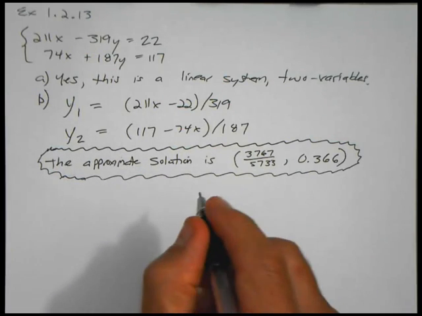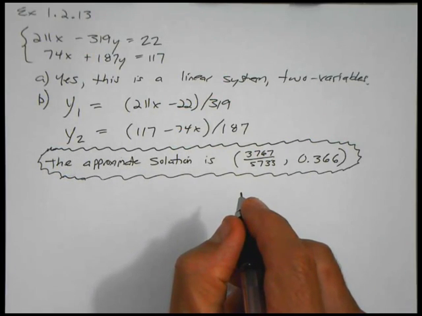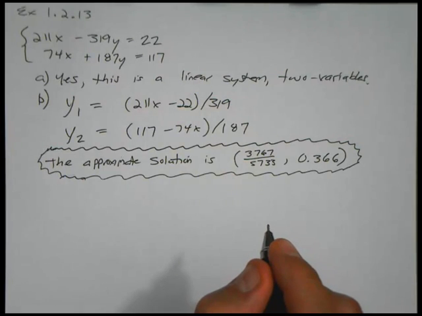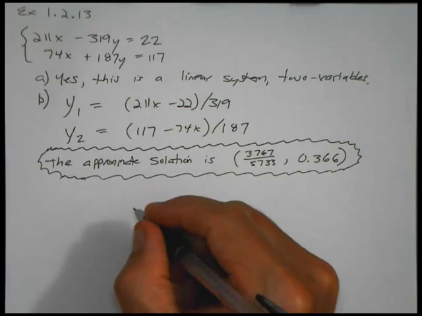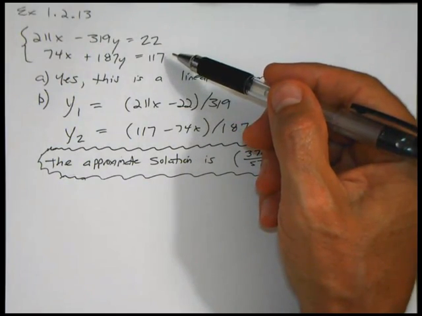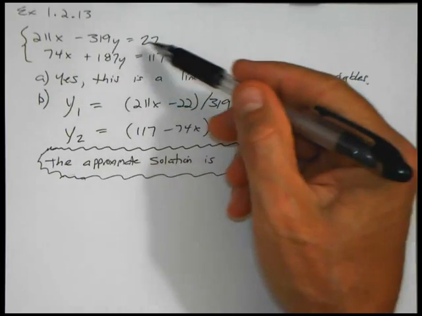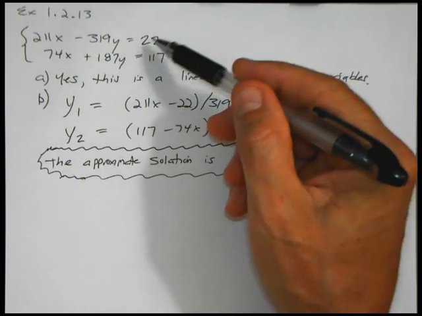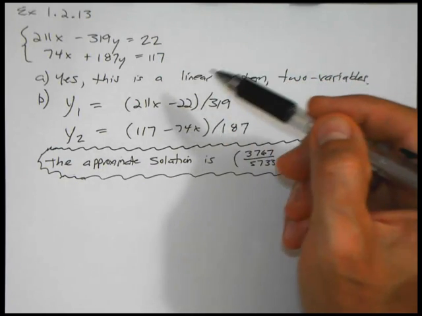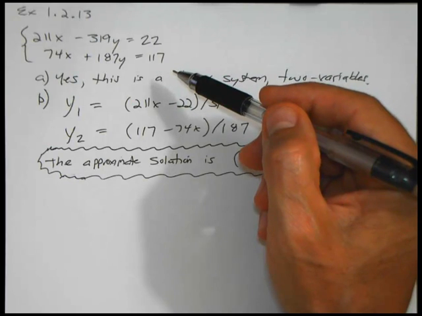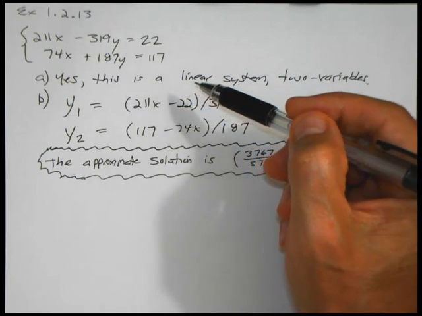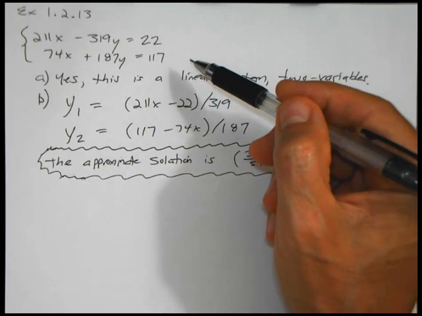Now, since we did not provide an exact solution, at least in both coordinates, we need to do a little explaining here. Alright, we look at this original system, and we can notice that the coefficients as well as the constant terms are all rational numbers. Therefore, since it is a linear system, we know that each coordinate of a single point solution should be a rational number as well.